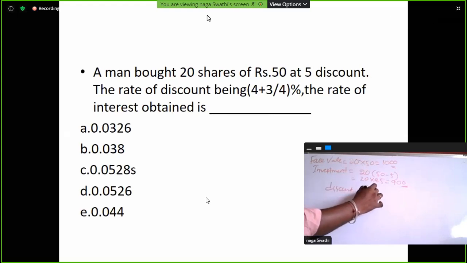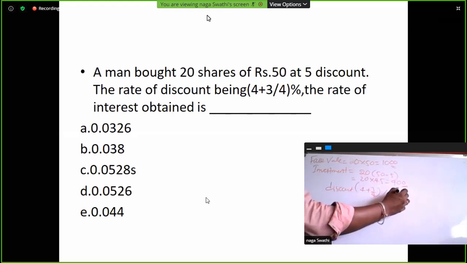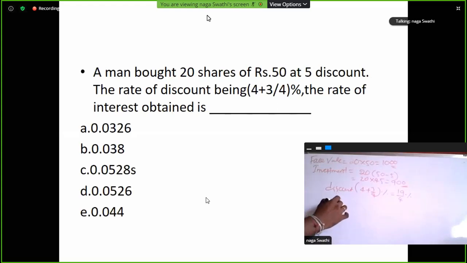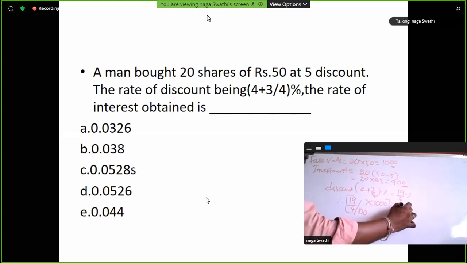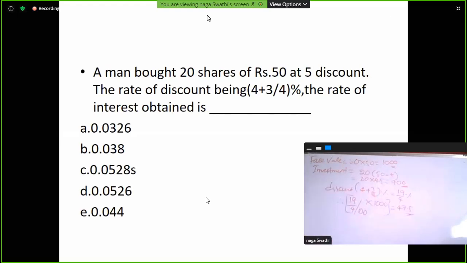So how much it is? 19 by 4 percentage. Okay. So therefore 19 by 4 percent divided by 100 out of 1000 rupees, that is equal to 47.5.